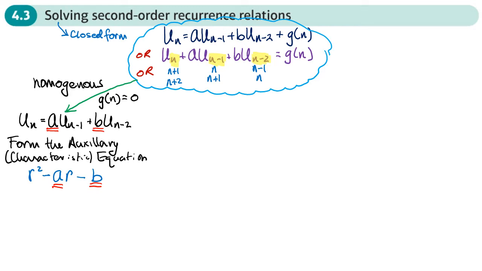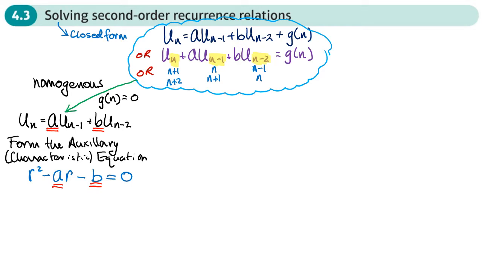When we solve that, we're either going to have two real roots, one real root, or basically two repeated roots, or complex roots. And depending on the types of roots we get will determine what the general solution of the homogeneous second order recurrence relation is.